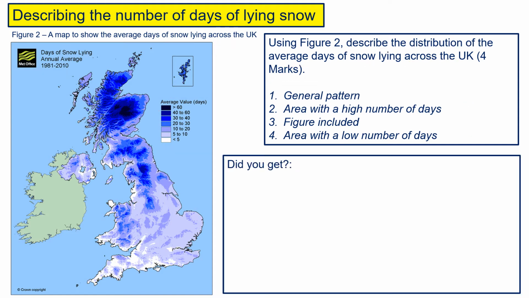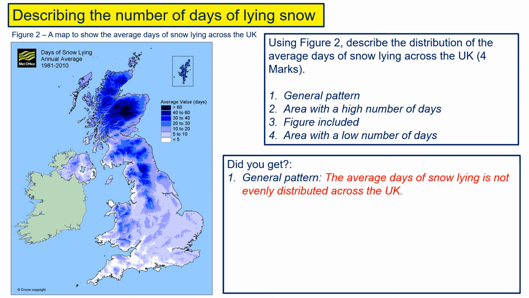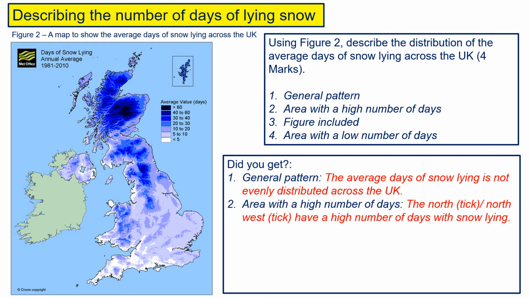Okay, so get your green pens out and let's do some corrections or give yourself a tick. So the general pattern is that it's not evenly distributed. The average days of snow lying is not evenly distributed across the UK. The area with the high number of days is in the north.